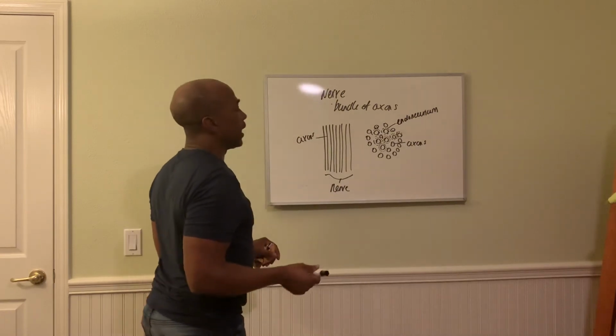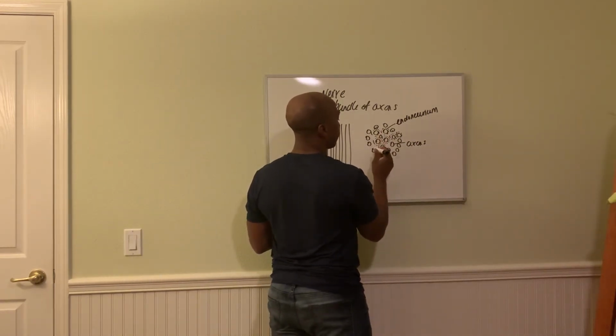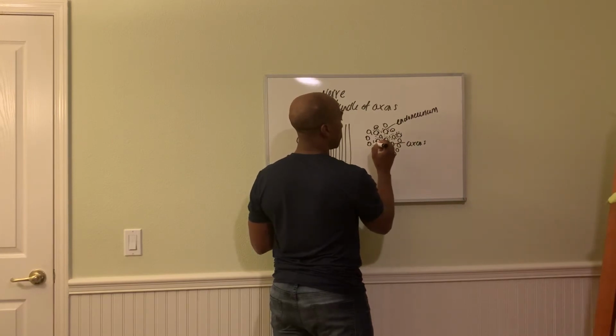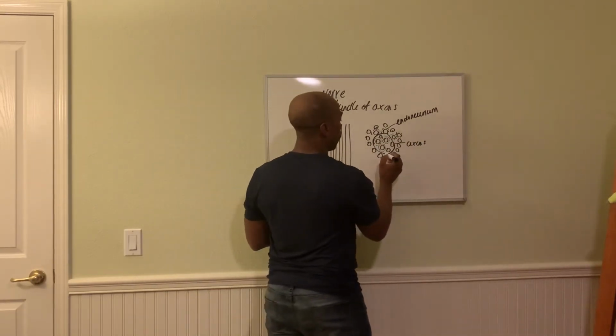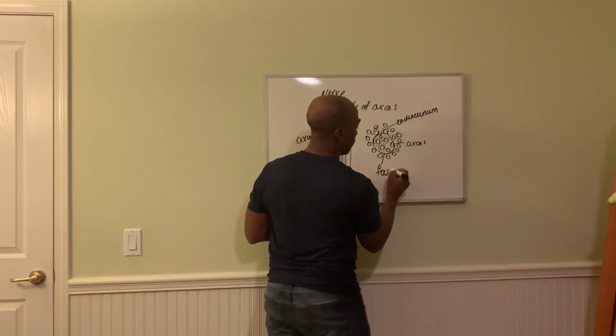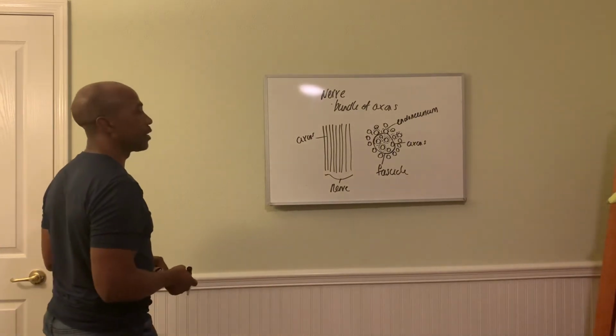Okay, and sometimes these axons can form bundles, like so. This could be a bundle of axons together. That bundle is called a fascicle, much like the muscle anatomy that we discussed last time.